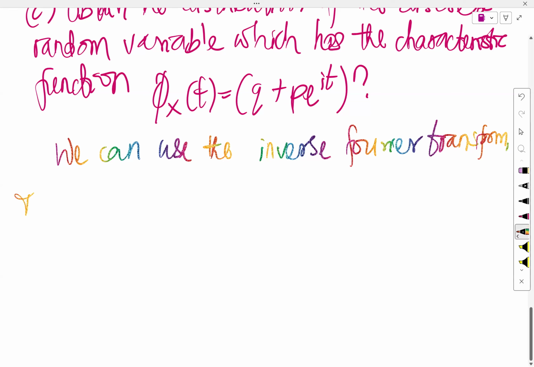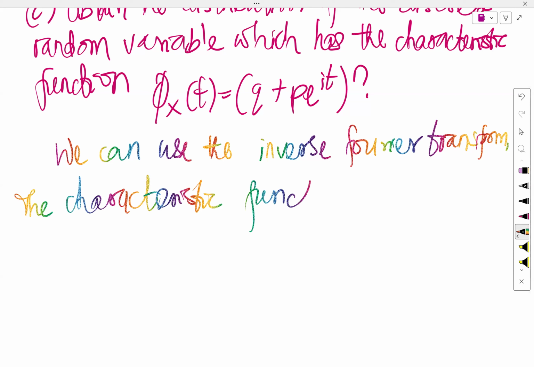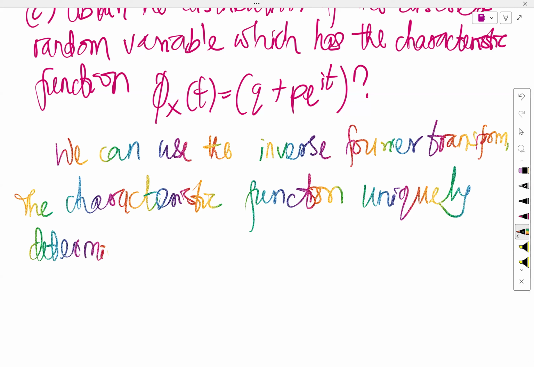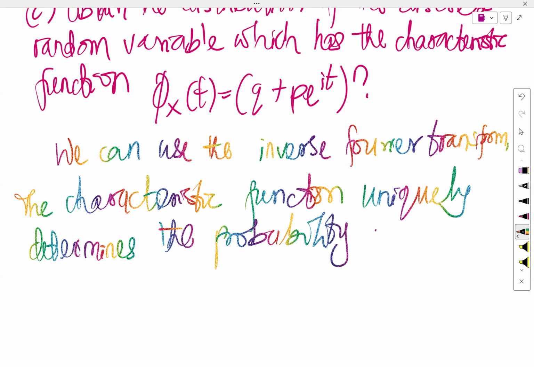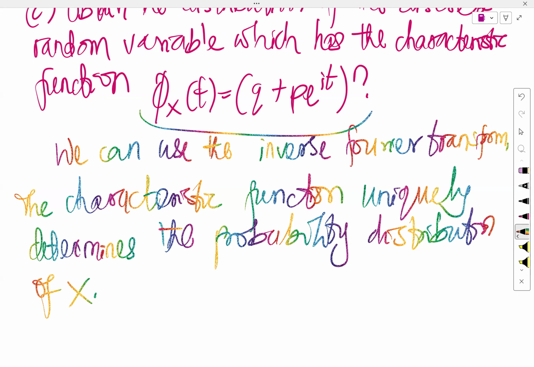So we already know that the characteristic function uniquely determines the probability distribution of x. That's what the characteristic function does.